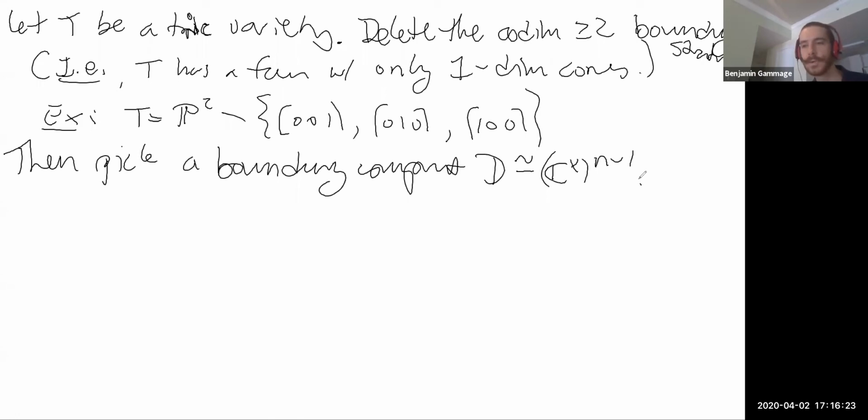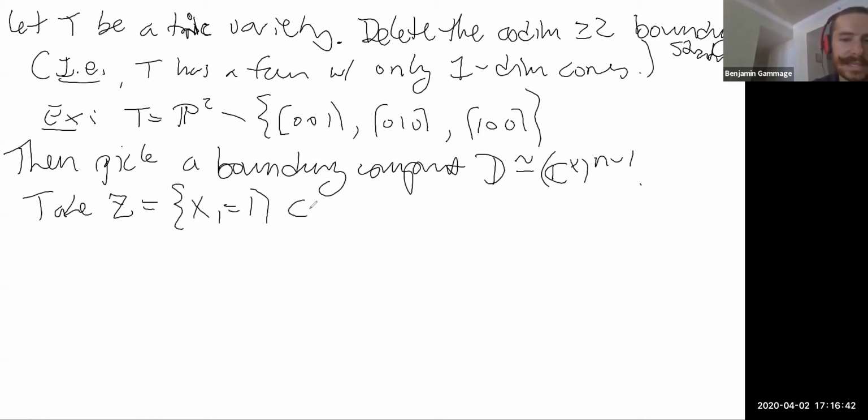What I'm going to do is take a linear subspace in that C star to the n-1. So take Z equal to, let's just say x equals 1, inside this C star to the n-1 inside of D, and blow it up.